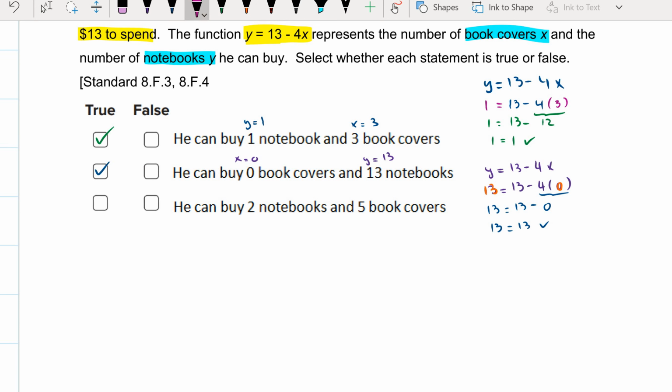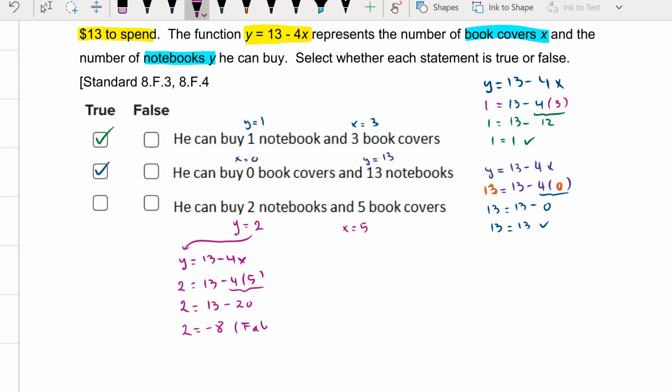And the last one: he can buy 2 notebooks, so y equal to 2, and 5 book covers, so x equal to 5. y equal to 13 minus 4x, y is 2, x is 5. So 2 equal to 13 minus 4 times 5, which is 20. 13 take away 20 is negative 7.